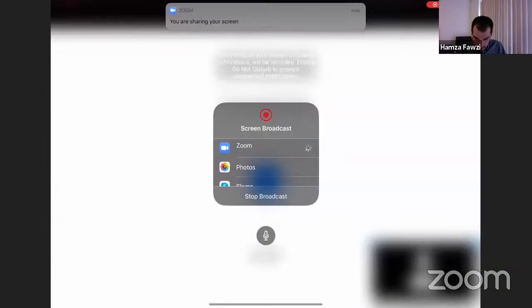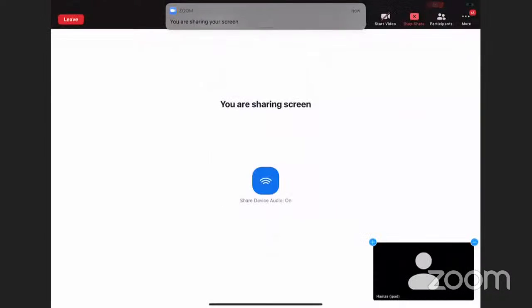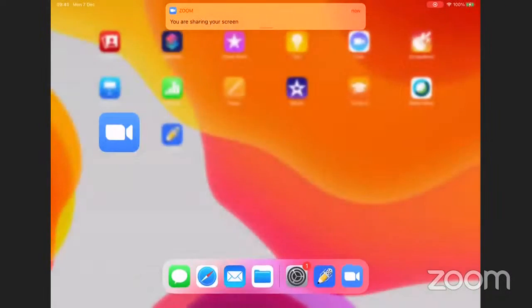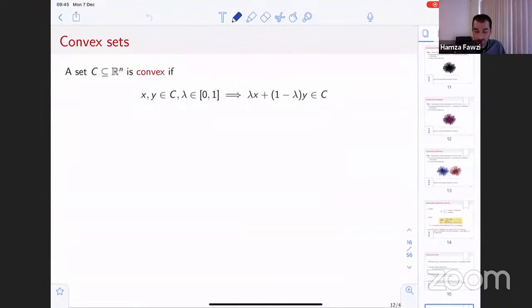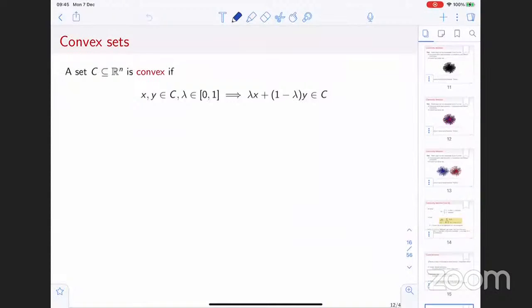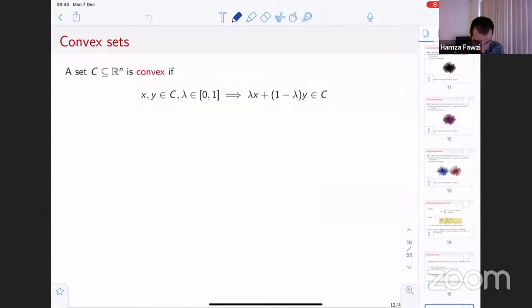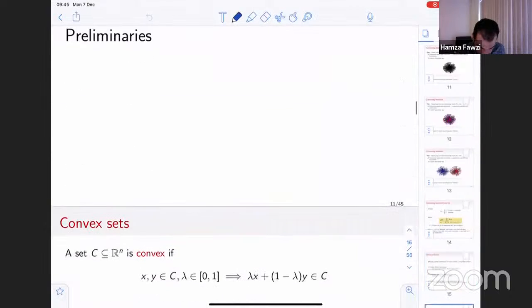Yes, I can hear you. Okay, so if I click on start broadcast, can you see? So you can see my iPad, I guess, now. Yes, you are sharing the screen. Now, can you see this? Yeah, convex sets. Yes, okay, very good. Okay, so let me now work on this.